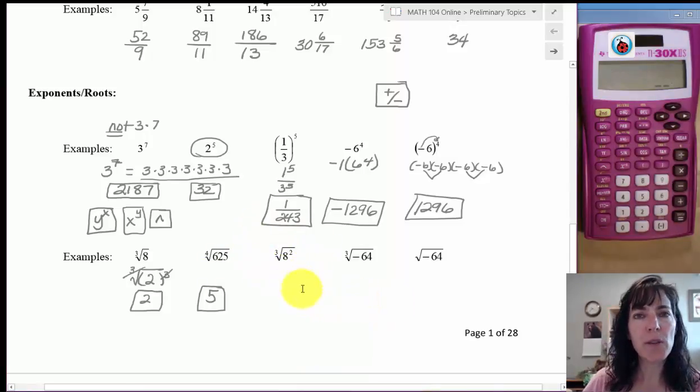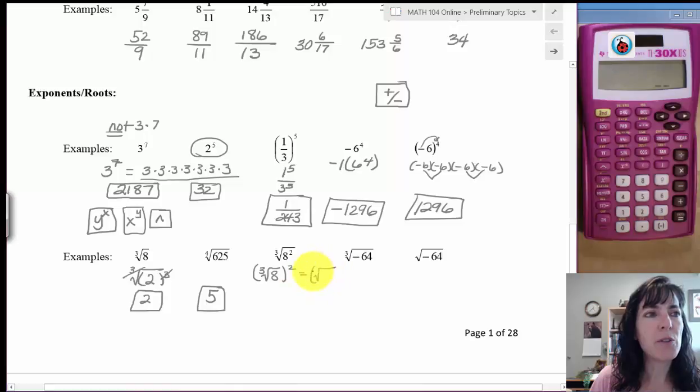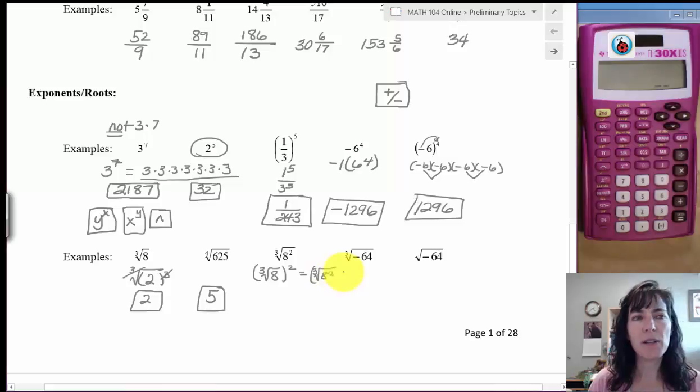Okay, so let's give this one a try. When you work this problem, we have a property that says that this is equal to the cube root of 8 squared. It's the same as if we do the cube root of 8 squared.